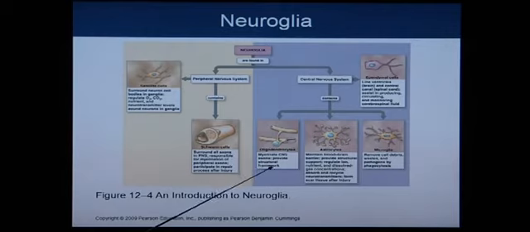We've got oligodendrocytes. These wrap around the axons of the neurons to insulate them in the central nervous system. Astrocytes help maintain the blood-brain barrier. Microglia are very small with fine branches, and their job is to remove cell waste and get rid of pathogens by phagocytosis, which remember means cellular eating.